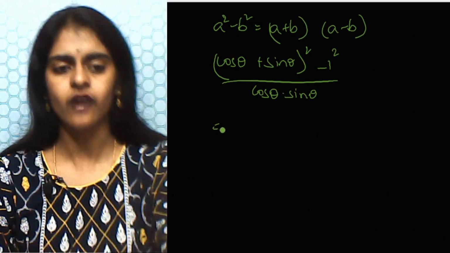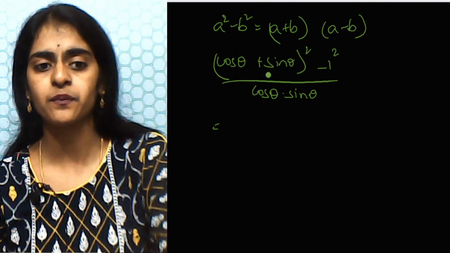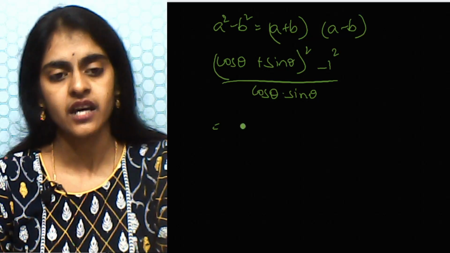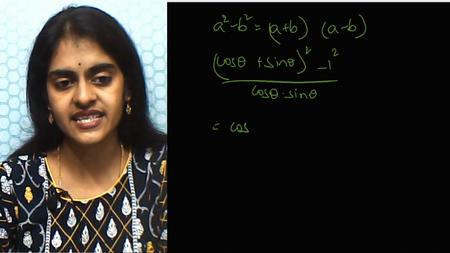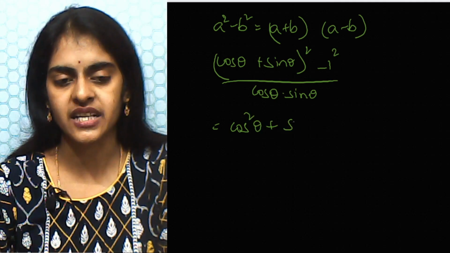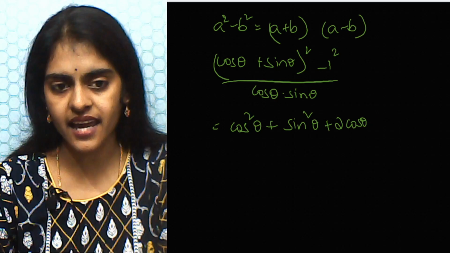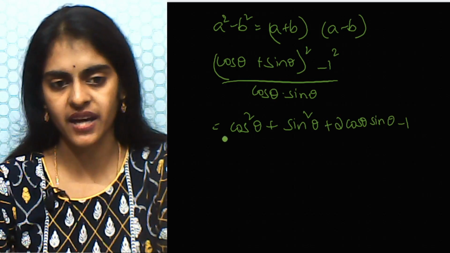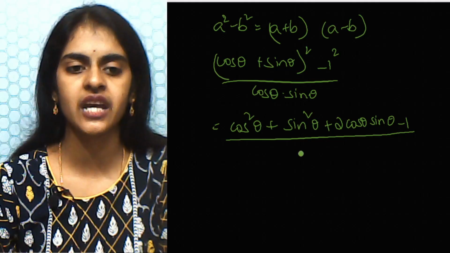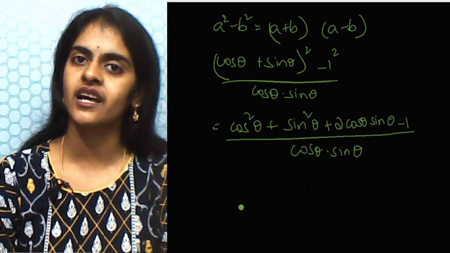Now using our trigonometric identities, we know that cos theta plus sin theta whole square is, by the a plus b whole square formula, a square plus b square plus 2ab. Minus 1 square is nothing but minus 1, divided by cos theta multiplied by sin theta.